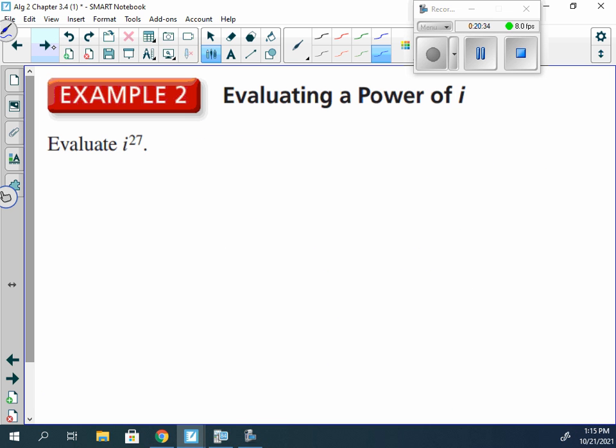So i to the 27th. We're evaluating this. We want to see what does this evaluate to. What we're going to do is take 27 and divide it by 4. What is 27 divided by 4? 6.75.